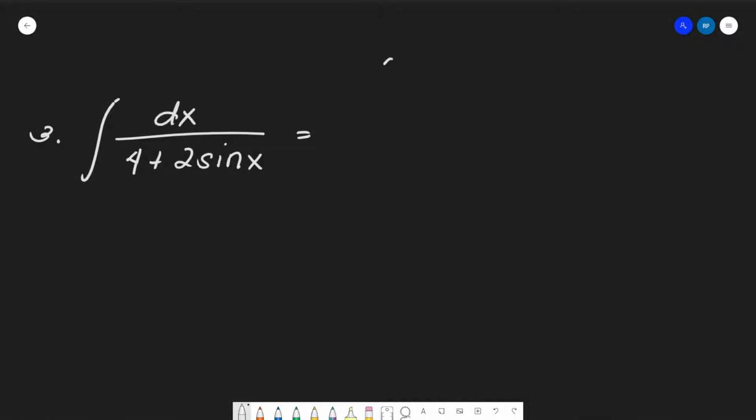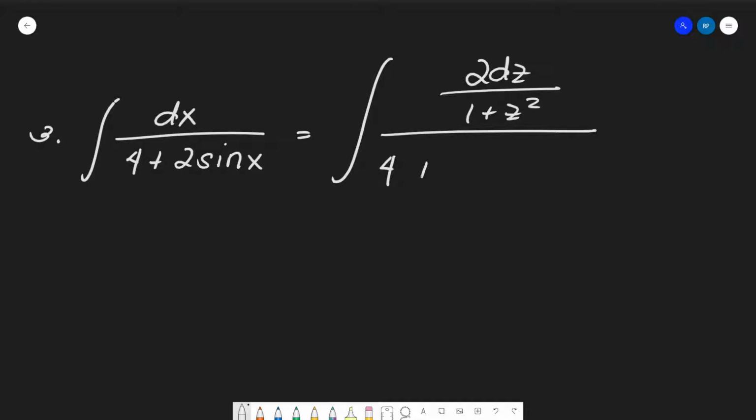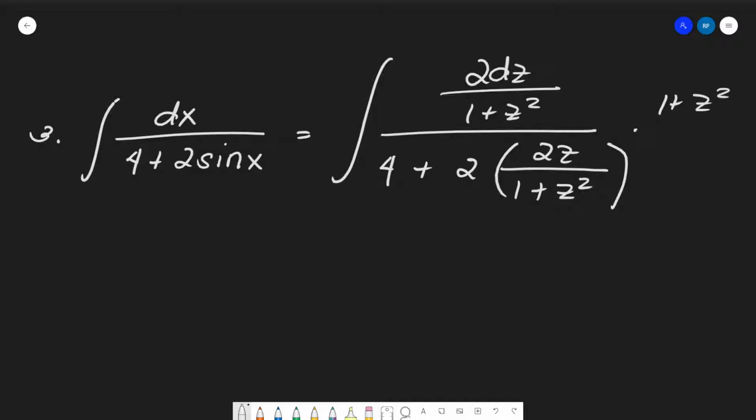So, this is equivalent to 2dz over 1 plus z squared over 4 plus 2 times 2z over 1 plus z squared. No? Then, multiply natin sa 1 plus z squared over 1 plus z squared.